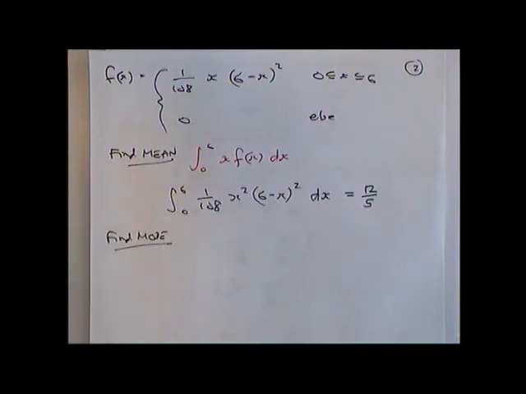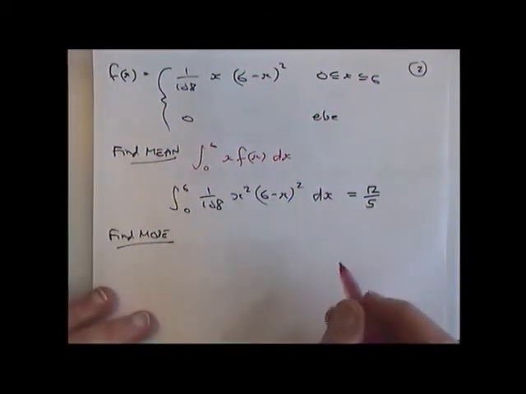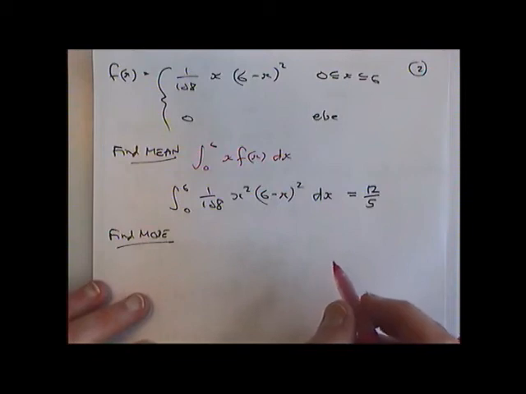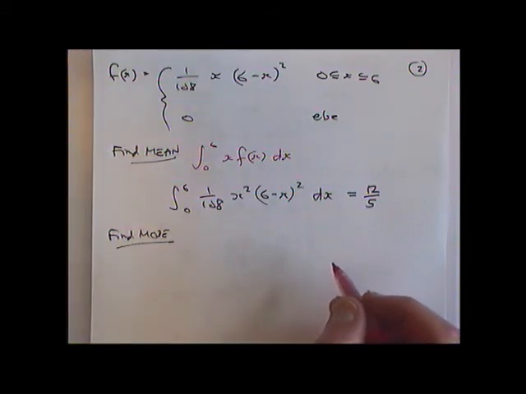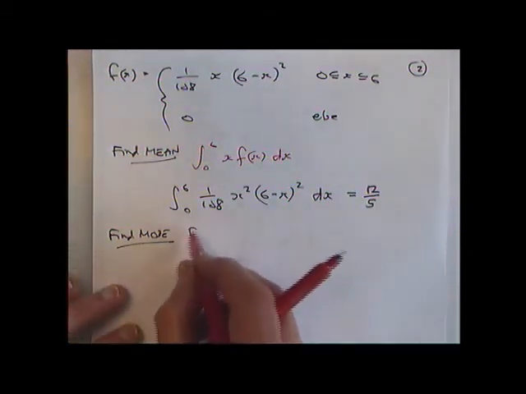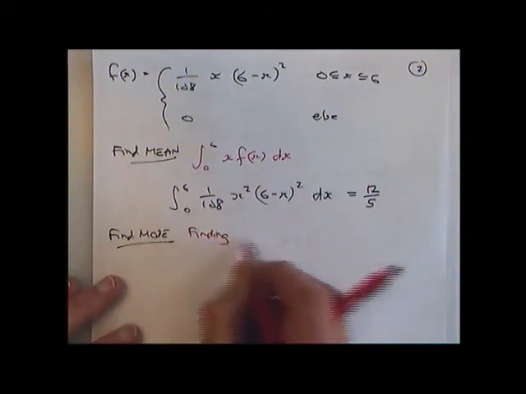So if we're finding the mode, what do I need to do to find the mode? What's like my red box rule, if you like, for finding the mode? What is the mode? The highest point. Yep, so what we're doing here is finding the highest point.